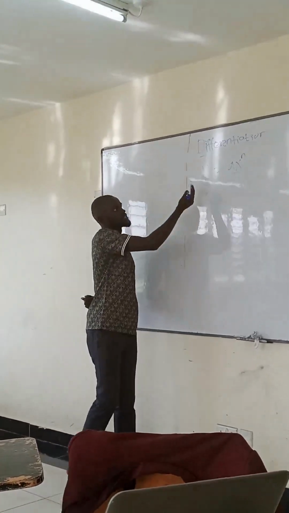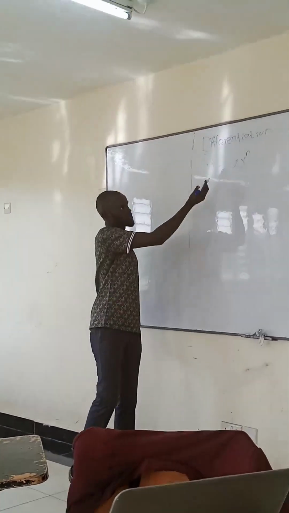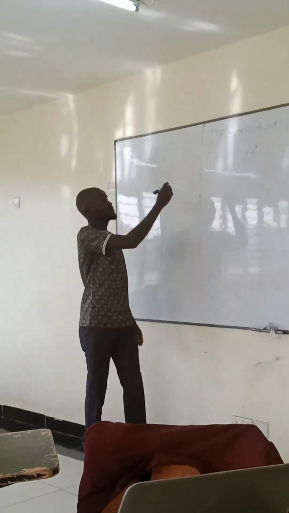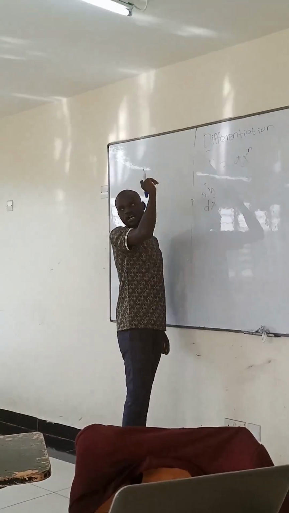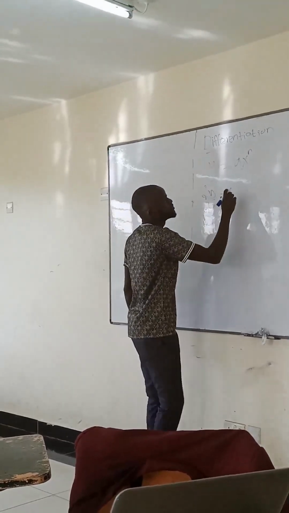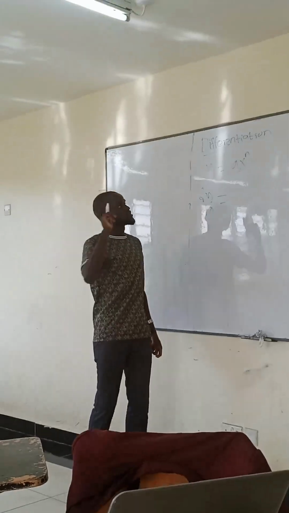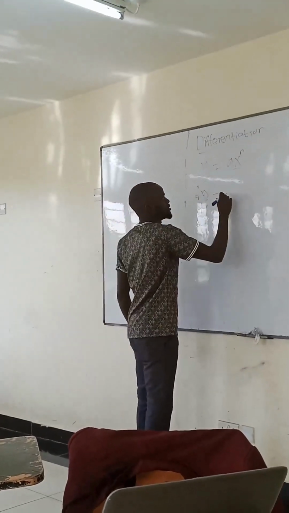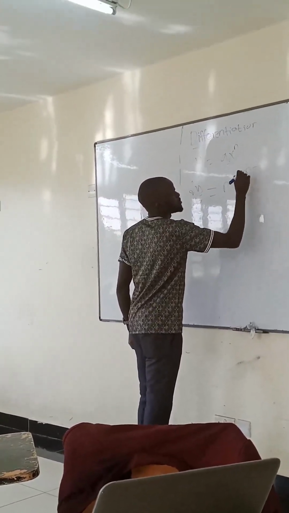Here we can say y varies either directly or indirectly with x. When you are differentiating such a function, we are finding dy with respect to x. We drop this n to be n x to the power n minus 1.